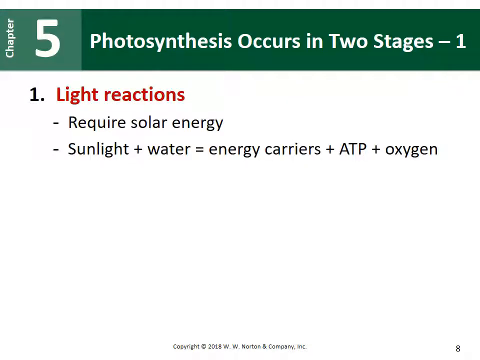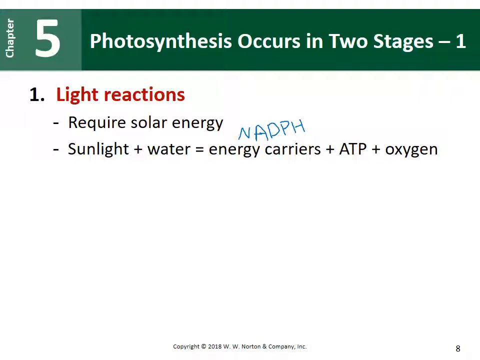So what happens during photosynthesis? There are two stages. So the first one is called the light reaction. So this is the stage that requires solar energy. So what happens here is that the sunlight will hook up with water that will create some energy carriers, specifically the NADPH.